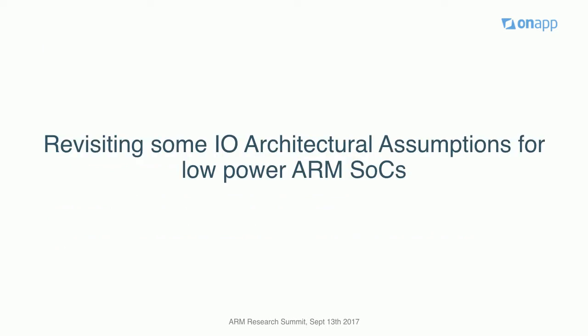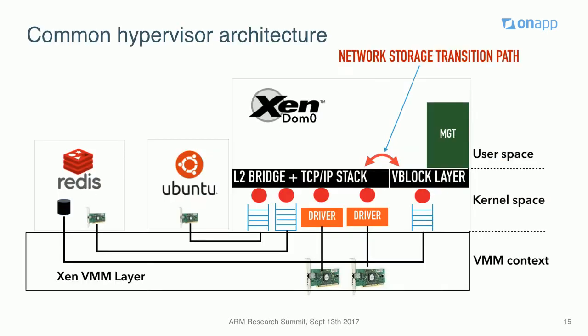So as part of this work, we've been revisiting some I/O architectural assumptions for this system. A common hypervisor architecture, focusing on the Xen system in particular, would be that we have a type 1 hypervisor layer that sits at the lowest level of the stack.